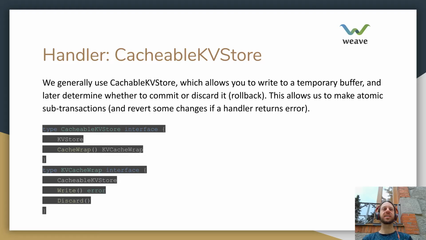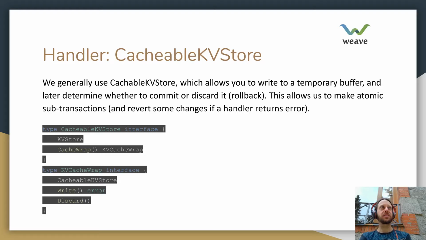So a CacheableKVStore has a function CacheWrap, which allows you to run a cache on it. The CacheWrap is basically a CacheableKVStore, a child store, which then can either write, which will push all of these cached updates back to the parent store, or discard, which means throw it away and do the cleanup. You don't technically need to discard it. It won't write anything, but this allows us to clean up memory, to avoid memory leaks.